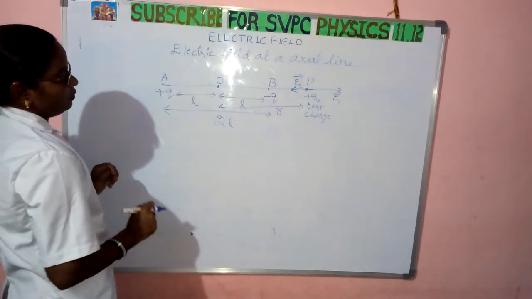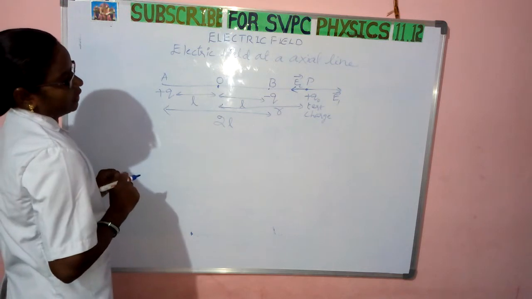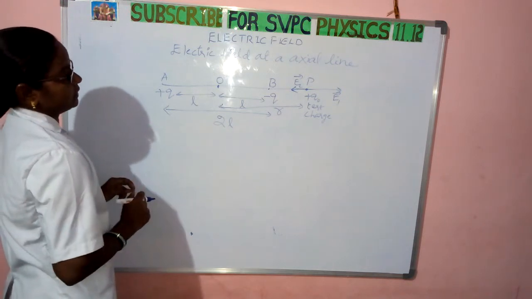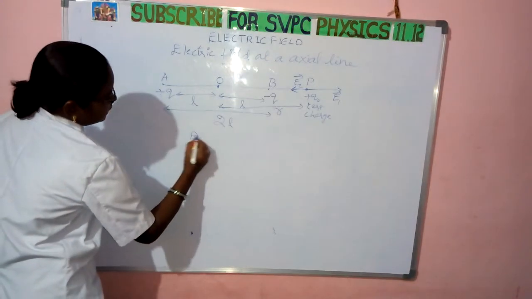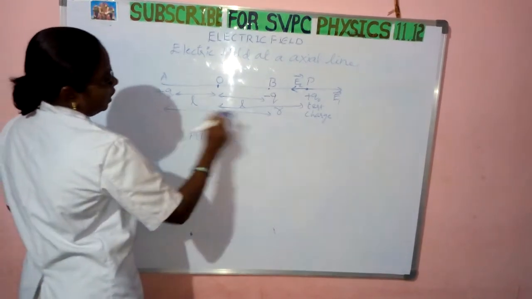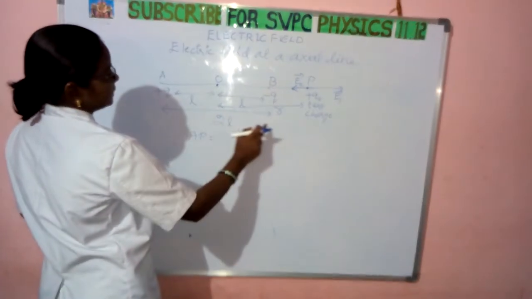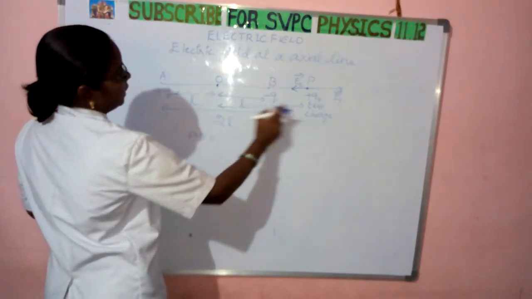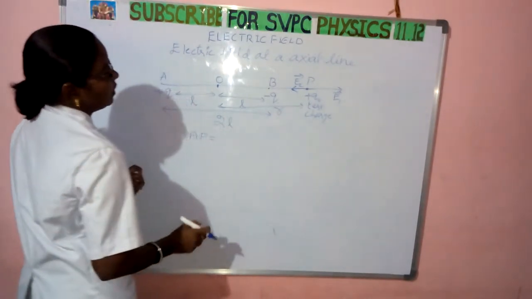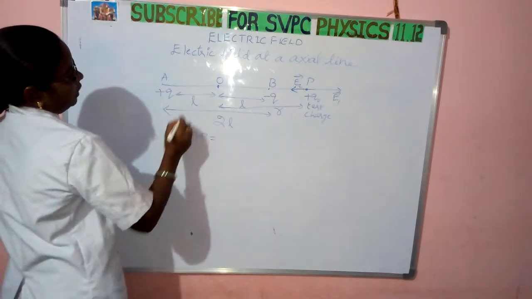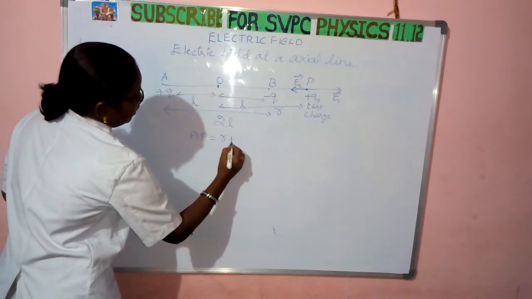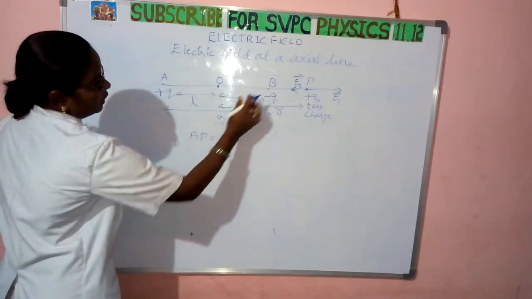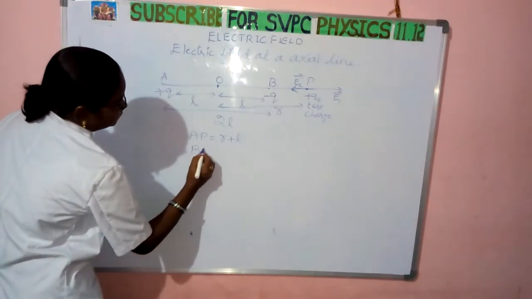So now you go for the equation. What about the distance AP? From this diagram, what is the distance of AP? From here to here it is R, and this is L. So the AP distance is R plus L. What about the BP distance?